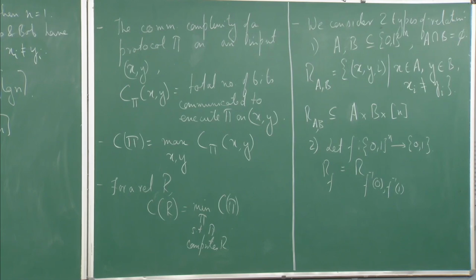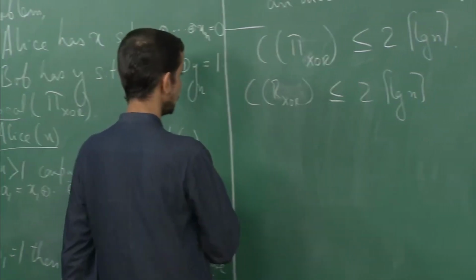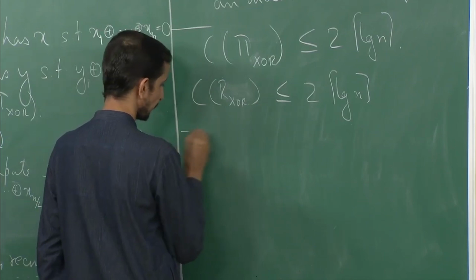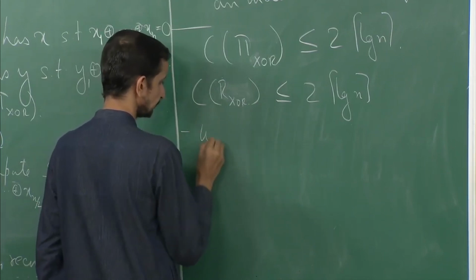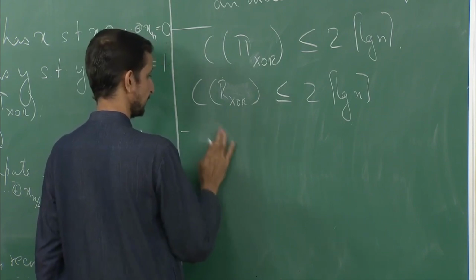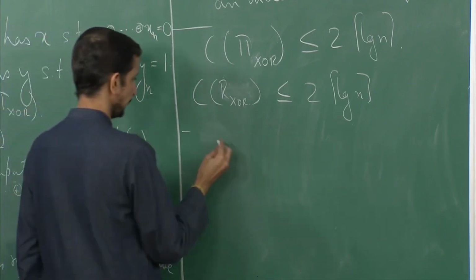For the purpose of this topic, we are only looking at bounded fan-in circuits. So let's say we are looking at circuits over AND, OR and NOT gates. Let me also define one more term here.